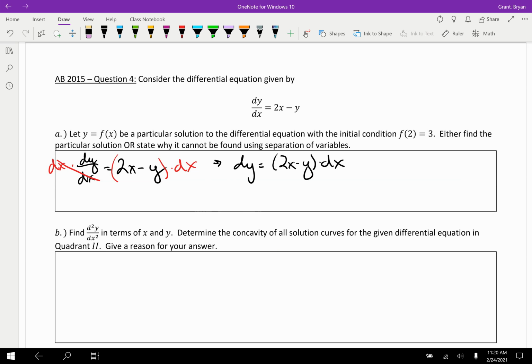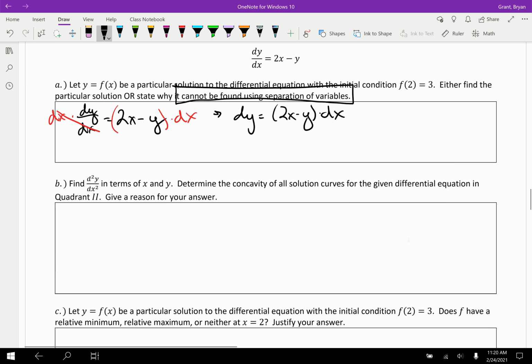So when we have two terms separated by addition or subtraction, I think we are not going to be able to isolate the variables on each side. So it cannot be found using separation of variables because we cannot separate the variables on each side of the equation. Well, what else are they going to ask us to do then?